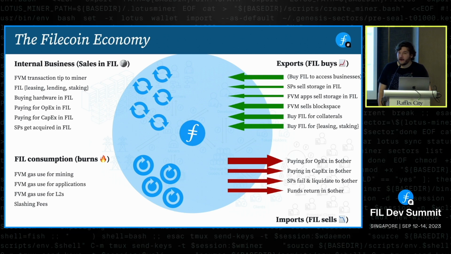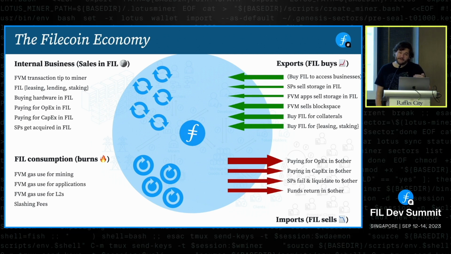You could buy the hardware in Filecoin. You could pay for OpEx or pay for CapEx in Filecoin. This happens a lot. There are all kinds of salaries and grants and so on that flow in this way. You can have businesses, entire operations get acquired, bought or sold directly and denominated in Filecoin. So that's all activity happening within the economy, currency flows within the economy, increasing the GDP of that economy.